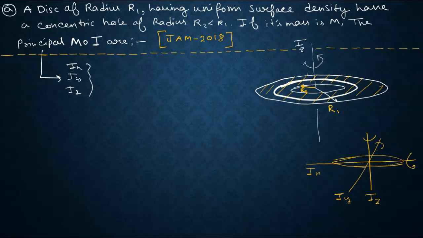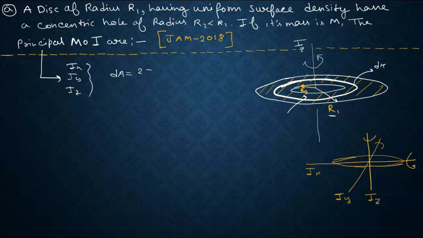Let's say this is our disk of outer radius r1 and inner radius r2. We have taken an element of dx thickness. First of all, we will find the elementary area of our elementary ring.